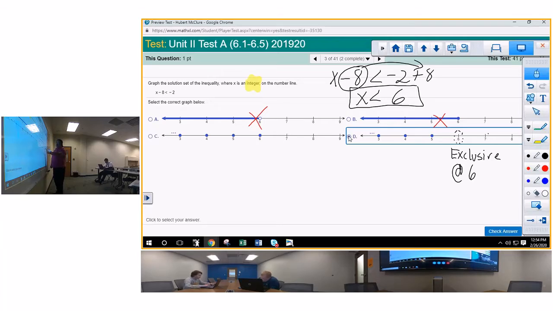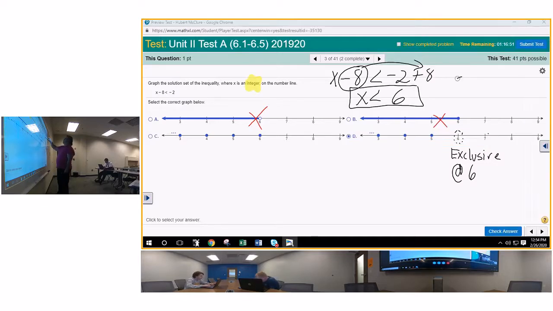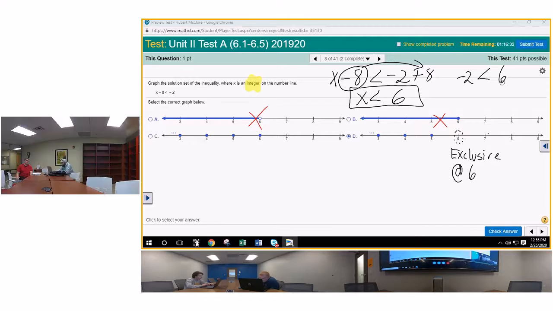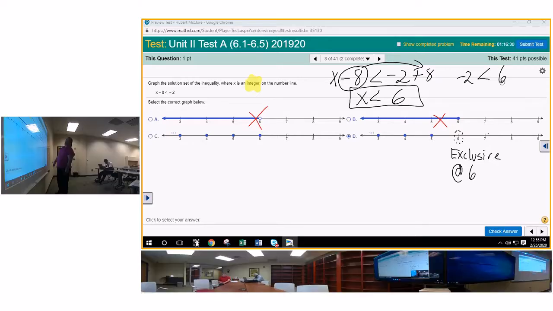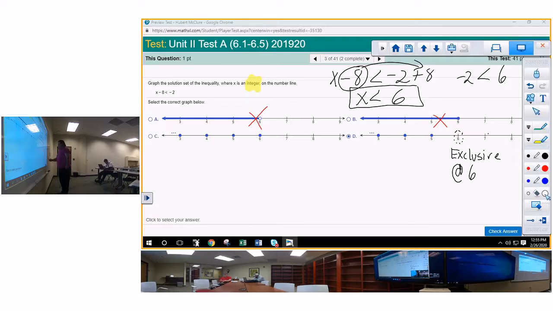I plug in 6, I get an untrue statement. 6 minus 8 is -2. And what's -2 plus 8? What? 6? That's not right. Have I got it written down right? Oh, -2. I'm sorry. I had that 8 right there.